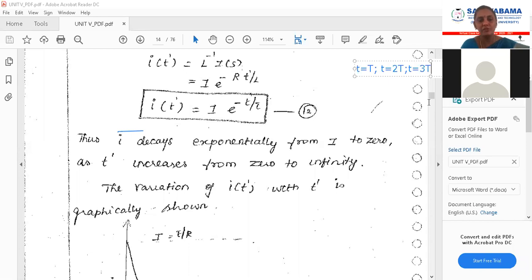If you keep on putting, the denominator T will get cancelled with the numerator t. So you will have I of t is equal to I into e power minus 1, then e power minus 2, e power minus 3. So when you put the value in your calculator, you will have some numerical values, right? The numerical values can be written like this.